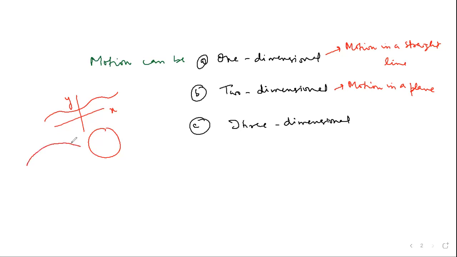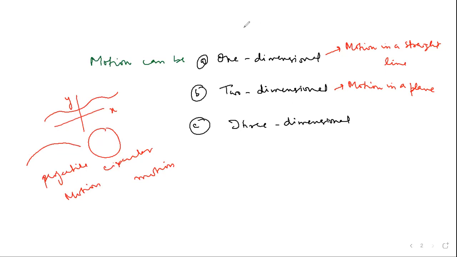Projectile motion is another example. You have discussed these motions already. In projectile motion, the body moves along a parabola, and a parabola is a curve which can be superimposed on a two-dimensional plane.